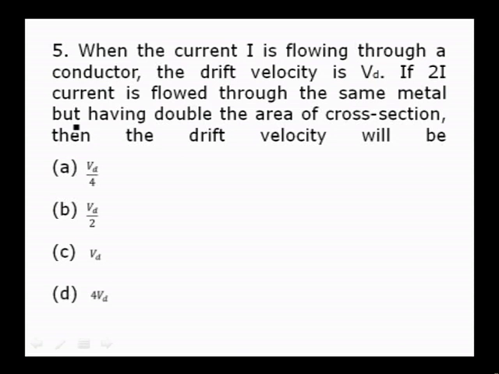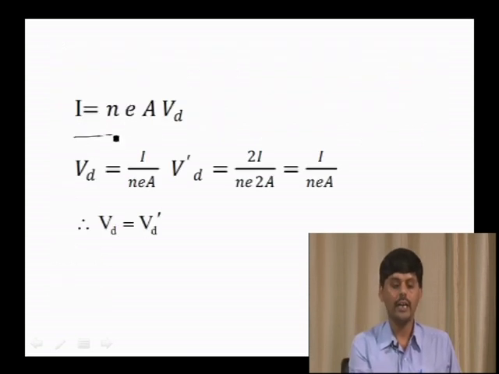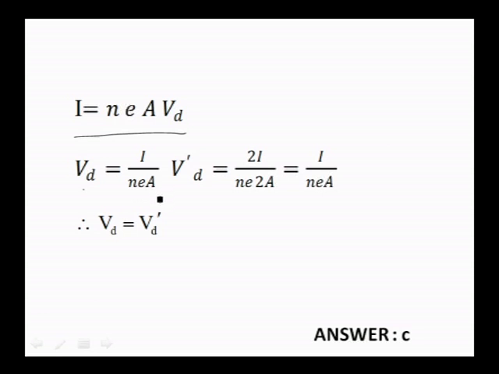Question number 5. When current I is flowing through a conductor, the drift velocity is Vd. If 2I current is flowing through the same metal but with double the area of cross section, then the drift velocity will be: option A, Vd by 4; option B, Vd by 2; option C, Vd; option D, 4Vd. For the solution, we have the expression current I is equal to neAVd. Rearranging, drift velocity Vd is equal to I divided by nAe.